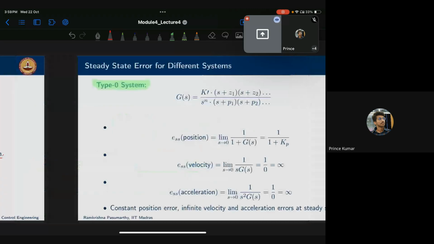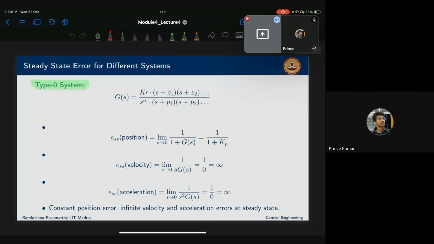Now let us see one by one. Type 0 means n is equal to 0. When s is equal to 0, this term becomes 1, and it does not make much difference. The other term becomes 0, and that will be infinity.